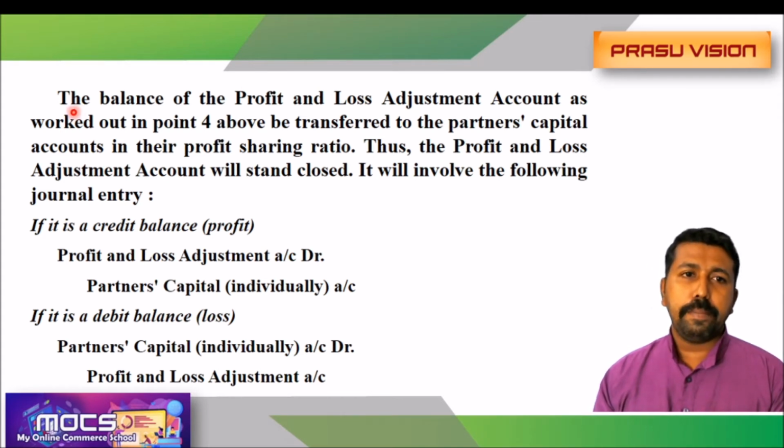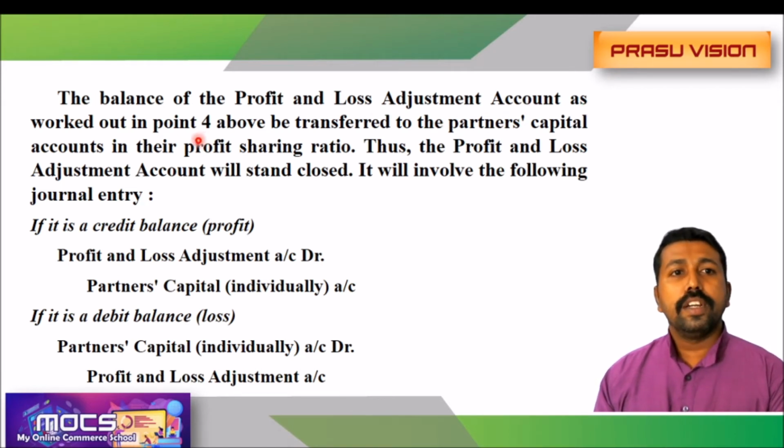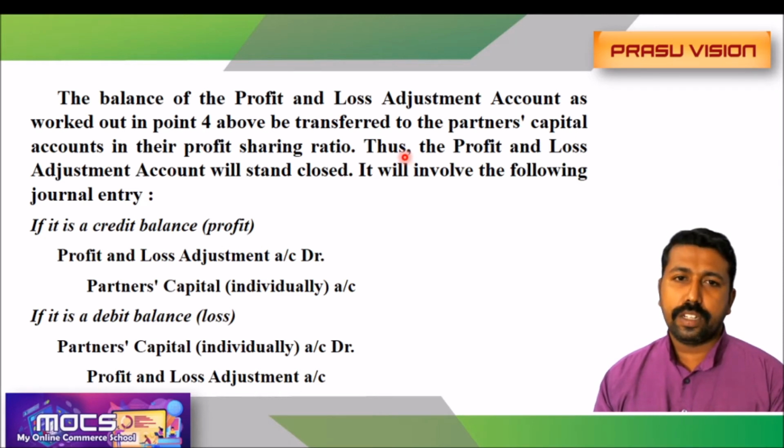Then the difference, the balance of the profit and loss adjustment account as worked out in point 4 above, will be transferred to the partners' capital accounts in their profit sharing ratio. Thus, the profit and loss adjustment account will be closed. There will be no difference value. The balance figure will be transferred to the partners' capital accounts.